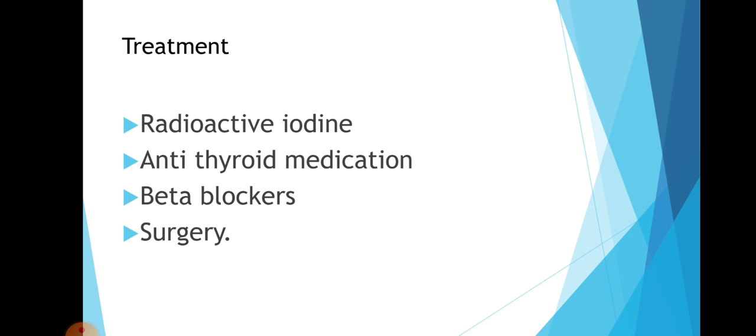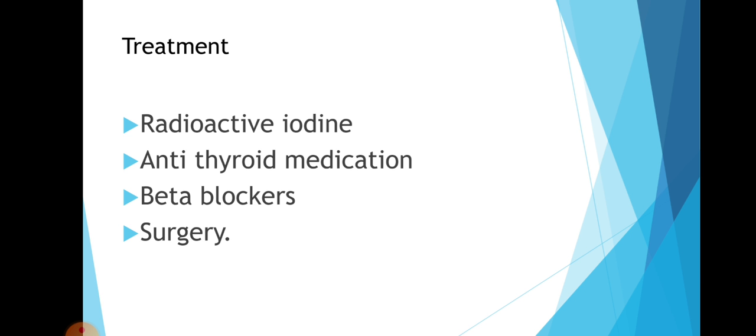As we know, iodine is very important in producing thyroid hormone, so when the patient is given the radioiodine capsule containing radiation iodine, the thyroid will take this radioiodine as it is very important for thyroid hormone production.